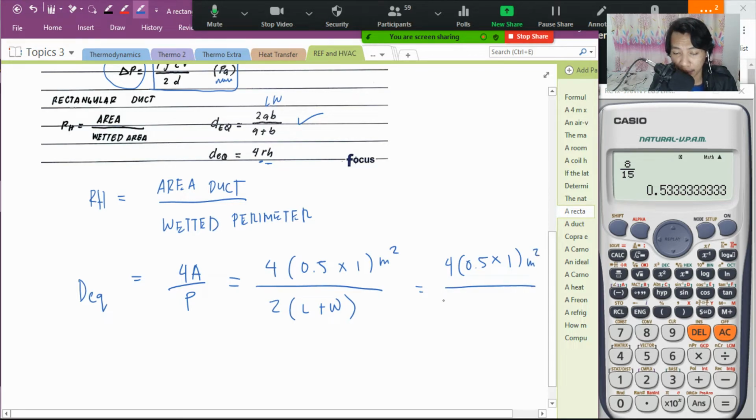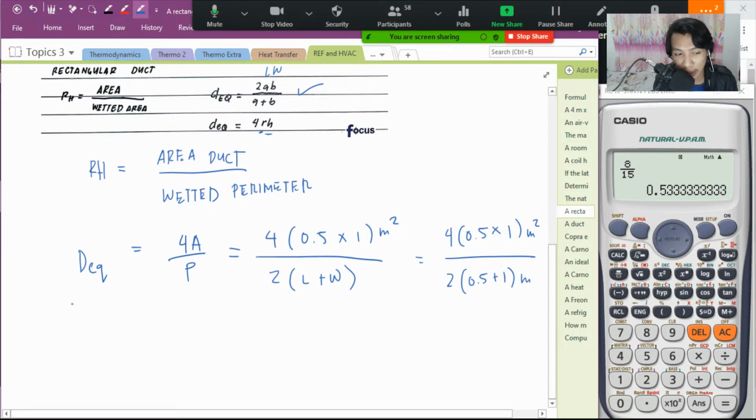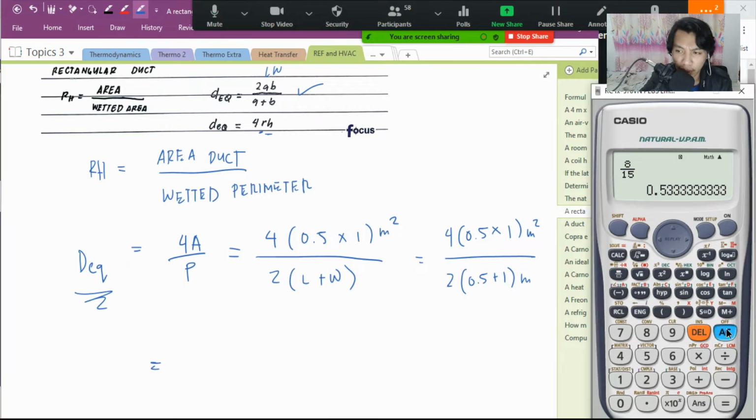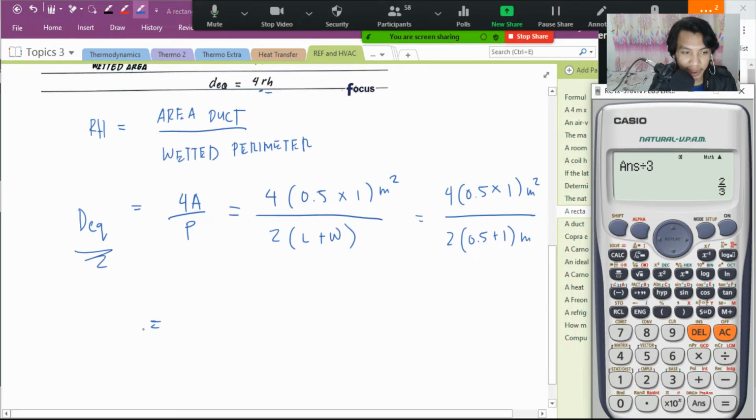Hindi ko lang maalala ngayon. 2 length is 0.5 plus 1 meter. So, ang lalabas dito yung equivalent diameter niya, that is 4 times 0.5 divided by 1.5 times 2, 3. That is 2 over 3 meters.